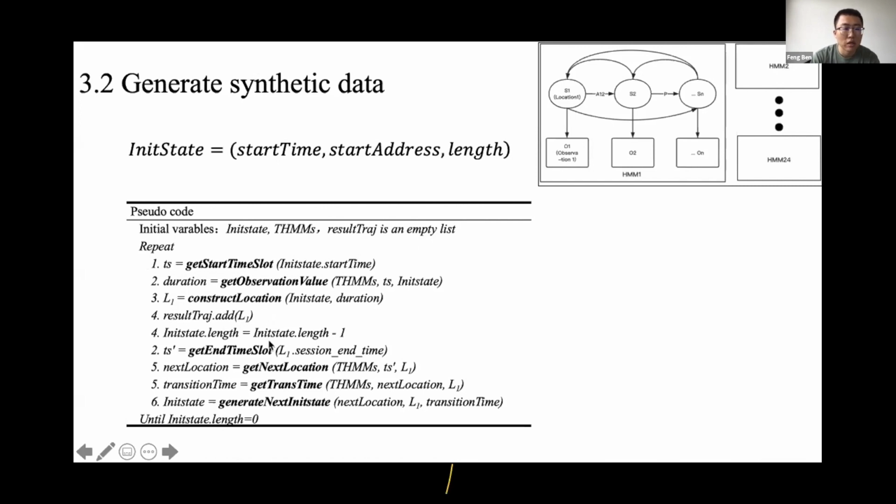Next, make the length of the initial state minus 1. If the length equals 0, we will get the final result. Otherwise, we can use L1 to get the next location with the transition time distribution and update the init state in the next location. Then repeat the whole process until the length equals 0. And then we can get one trajectory for a device.